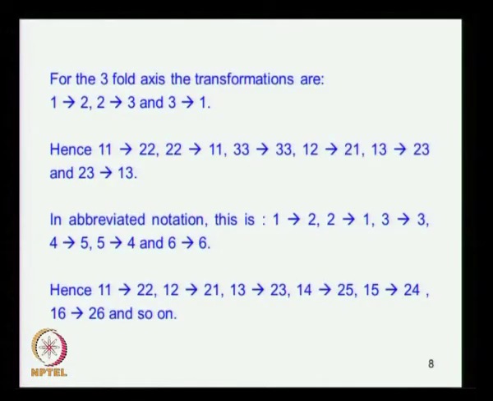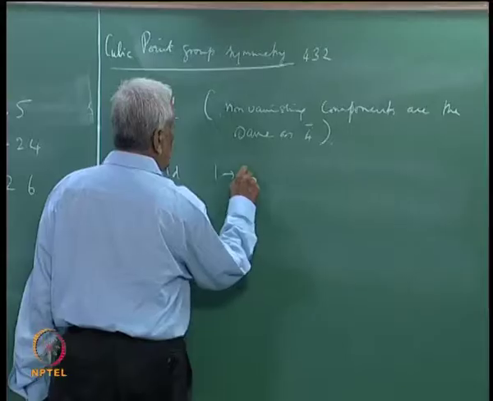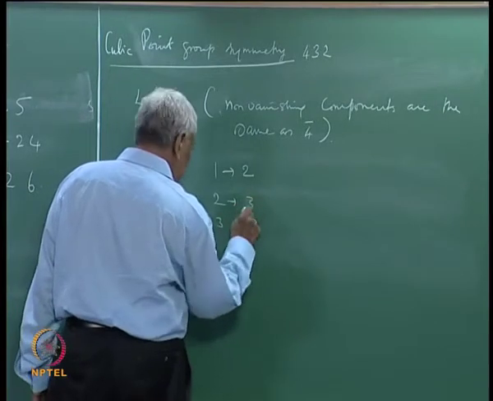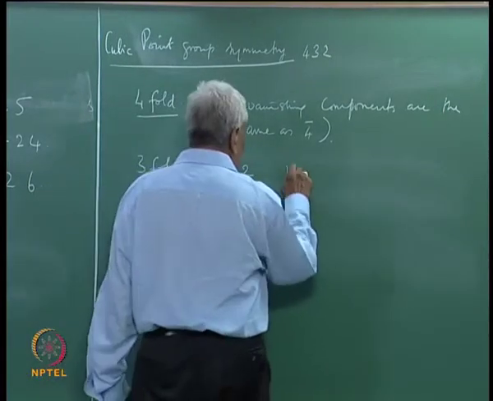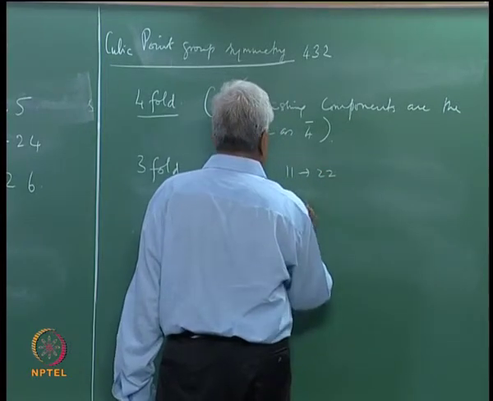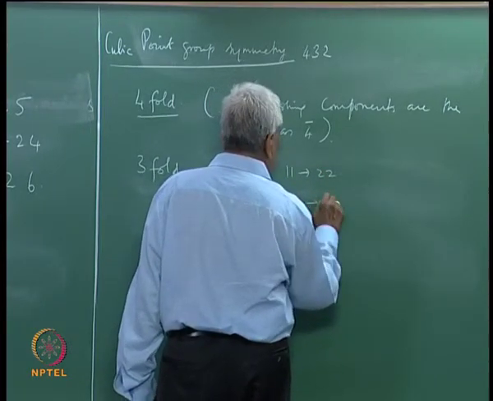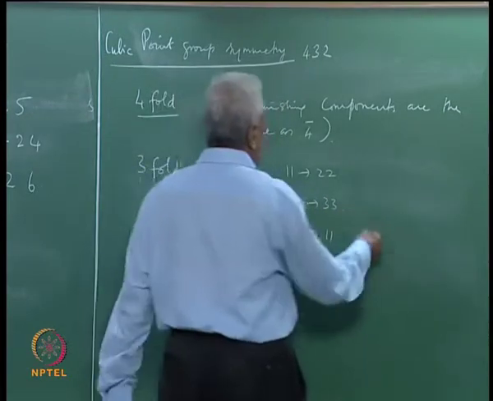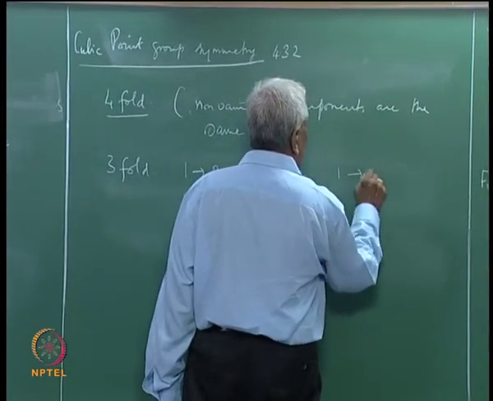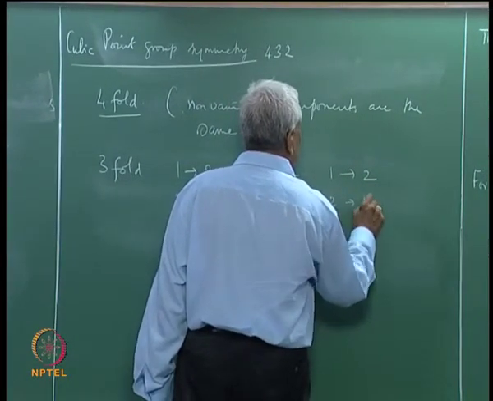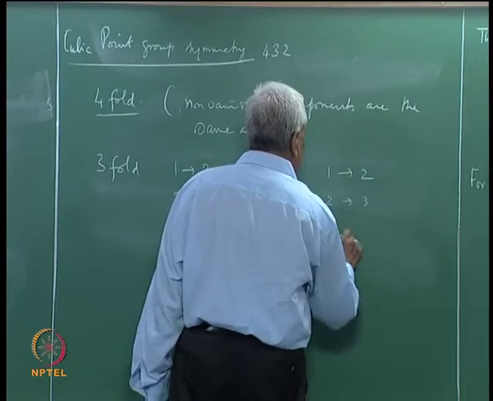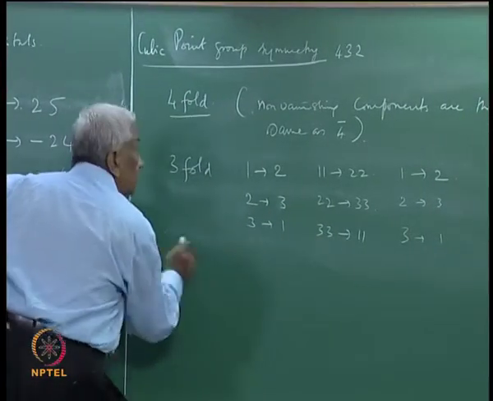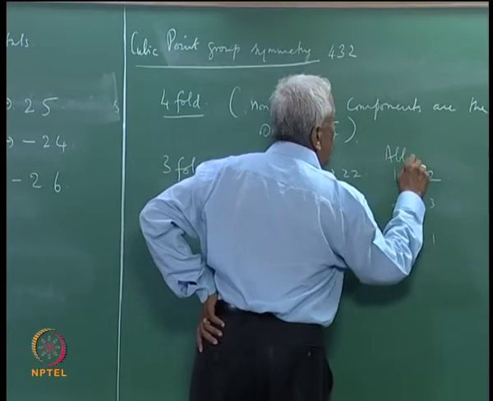The 3-fold symmetry will change 1 to 2, 2 to 3 and 3 to 1. Therefore, 1 1 will become 2 2, 2 2 will become 3 3, 3 3 will become 1 1, and so on. So, in abbreviated notation, this is 1 to 2, 2 to 3, 3 to 1.